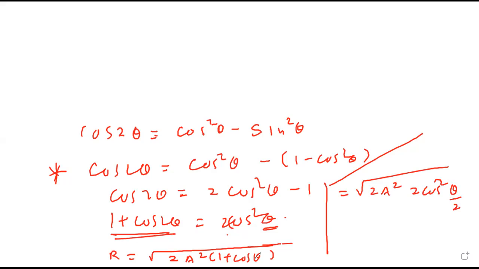The angle is theta by 2, so it gives theta by 4 there. Now root of 2 a square is a root 2, so a root 2 cos of theta by 4 is the required answer.